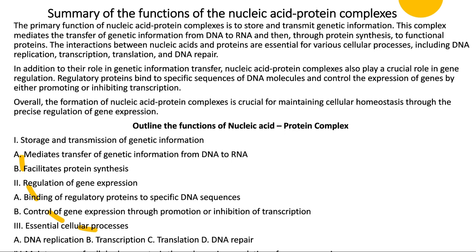Okay. Now, they regulate gene expression by binding of regulatory proteins at specific DNA sequences. They control gene expression through promoting or inhibition of transcription, and they are essential in cellular processes such as DNA replication, transcription, translation, and DNA repairs.